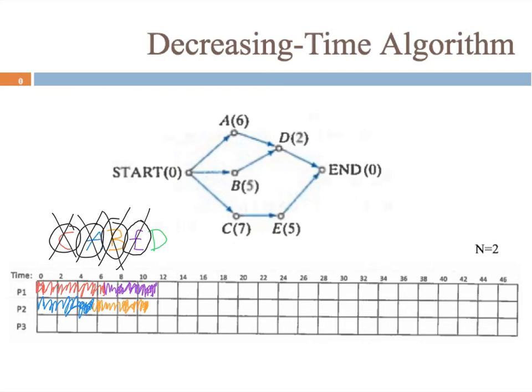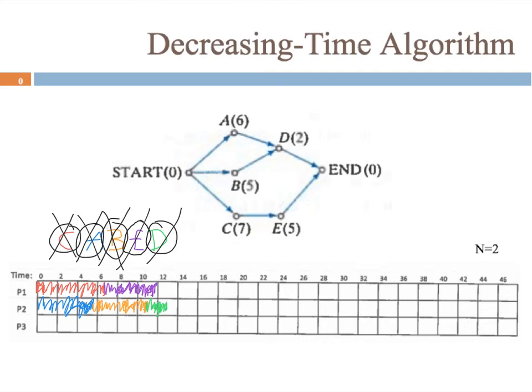So now that A and B are complete, task D is ready. And we can give task D, that's a 2-hour task, to worker 1. So 11, 12, and 13. Okay, so now task D is in execution.